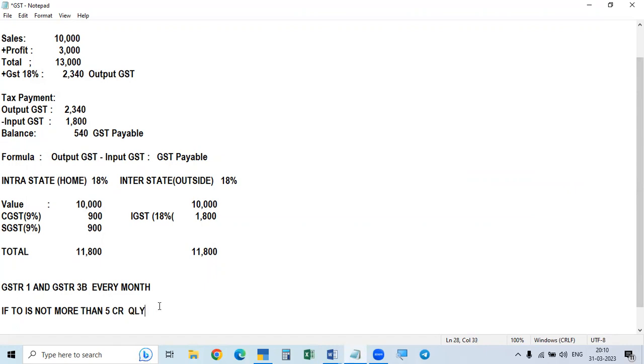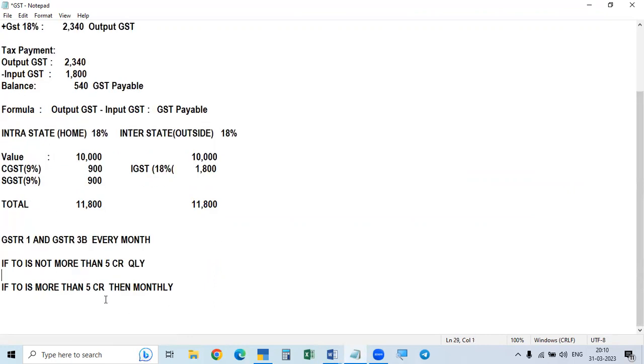That means if the turnover is more than 5 crores, monthly we have to file. Understand? If the turnover is more than 5 crores, definitely we have to file these two returns every month. If the turnover is not more than 5 crores, we can file quarterly.